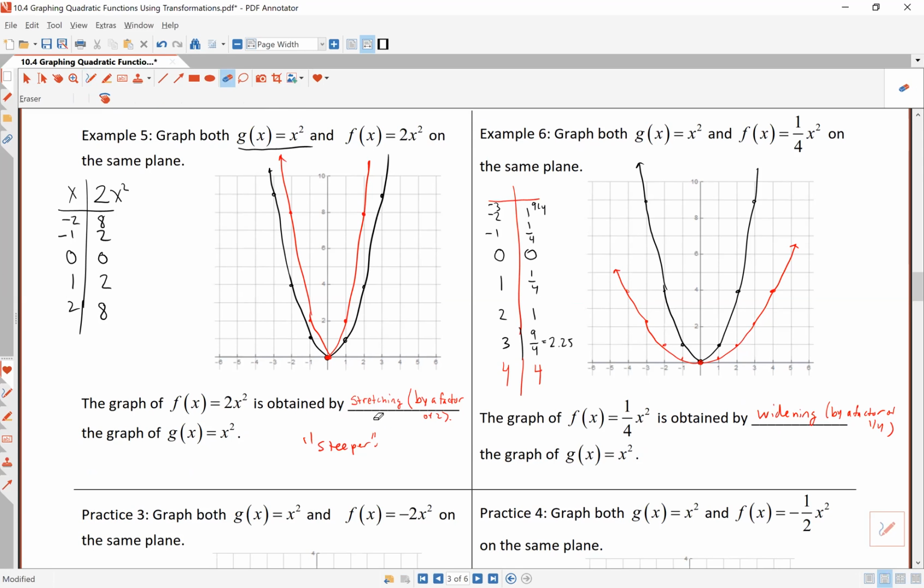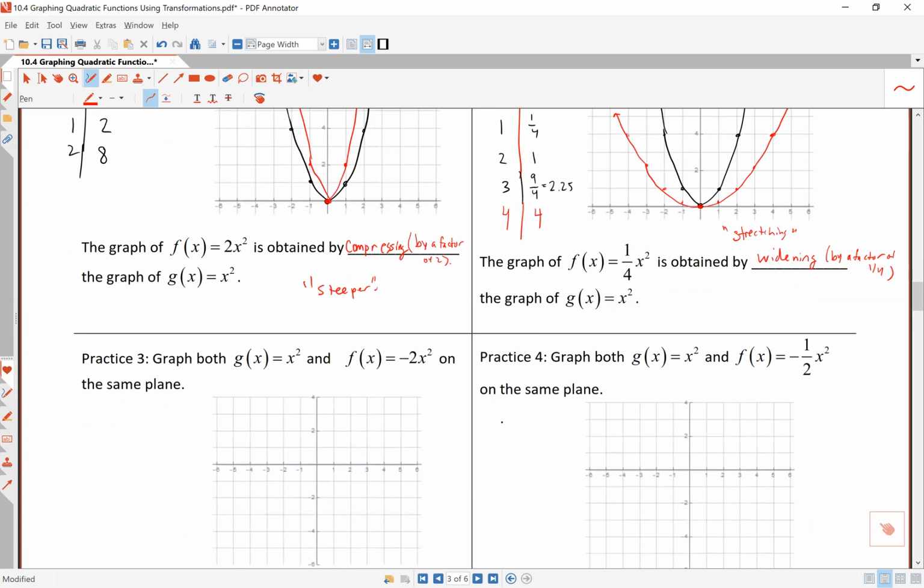And I do believe they call this, I don't use these terms, so I'm hesitant to write them, but this is called compressing because it compresses it inward. And this one is called stretching because it stretches it right and left. I like to say steeper and wider.